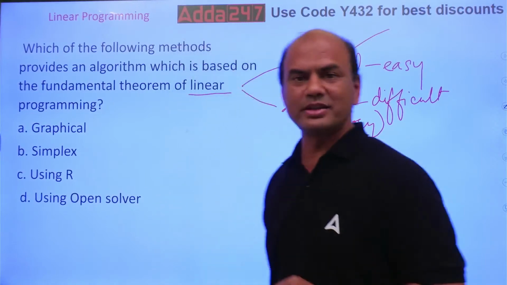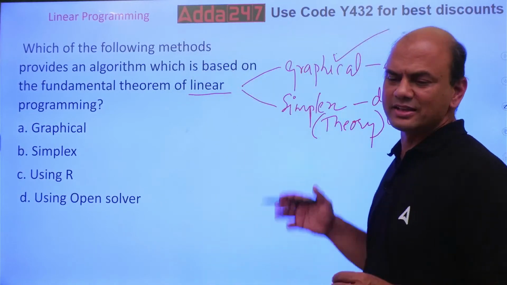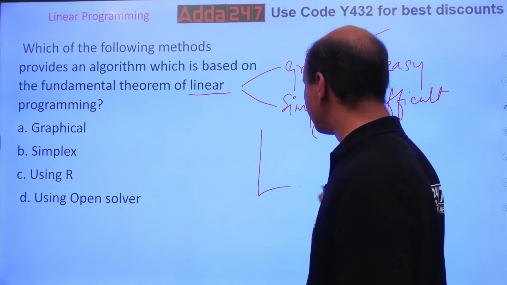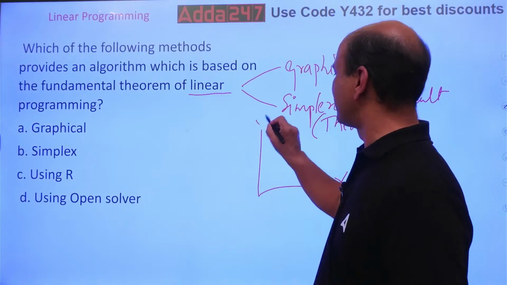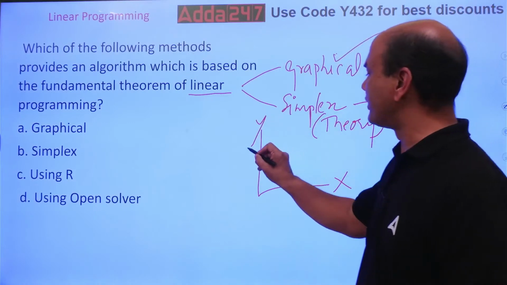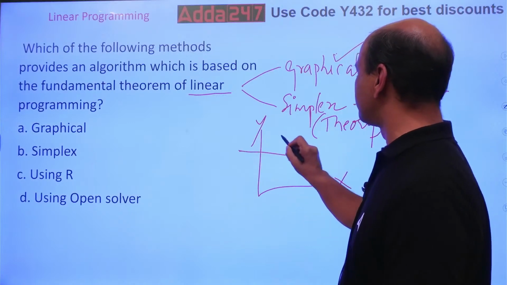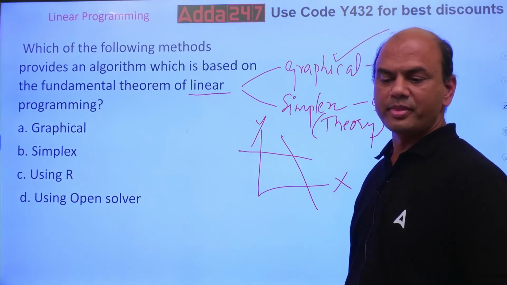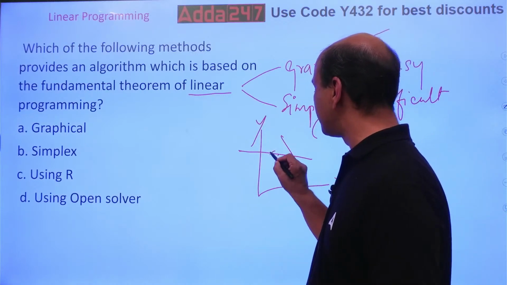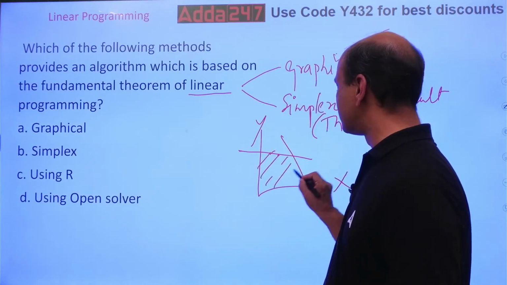What is the graphical method? Graphical means basically, see, the name itself, graph. There is an x-axis, there is a y-axis, x, y, right? This is x, this is y. And we plot the points over here. All the constraints we plot. Then whether it's less than or equal to, this is known as the feasible area or feasible region.